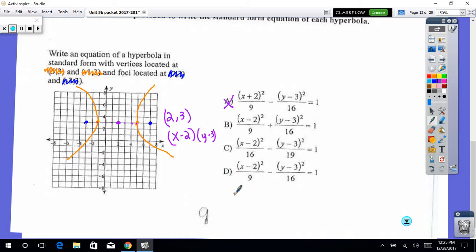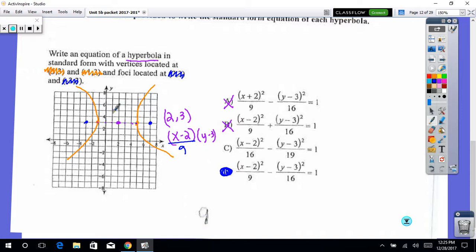Another one that you can easily eliminate. Look at this positive. That is an ellipse. We are not graphing an ellipse. It clearly says graph the hyperbola. The plus would make it an ellipse. How wide is this guy? Those are the only 2 differences left. He is 1, 2, 3 units wide, making it x over 9. So there's my only option.